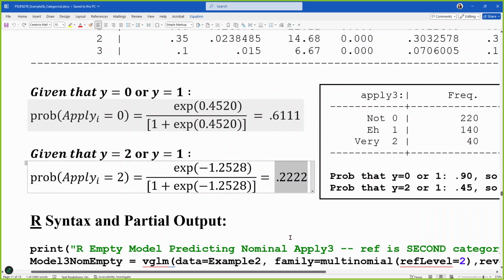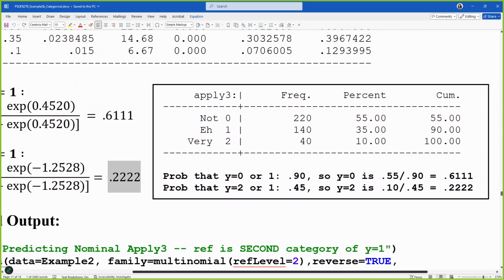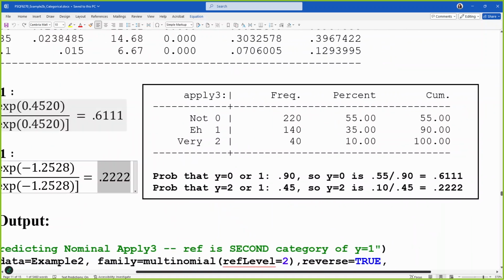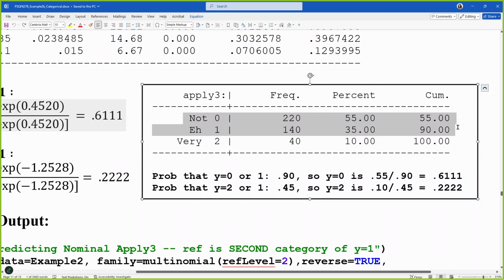Now, where did those numbers come from, was my first question. Should those be opposite? No. They're something different. Conditional. So the thing you have to remember is that not every category is in every submodel. So these are probabilities excluding the people who answered something that's not of interest. The first submodel is just these people.